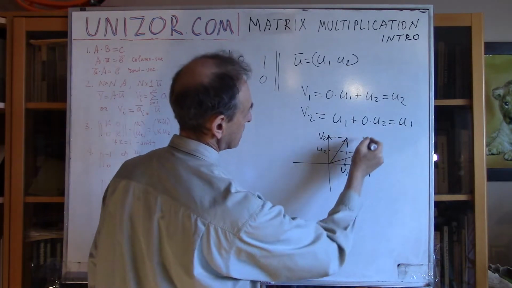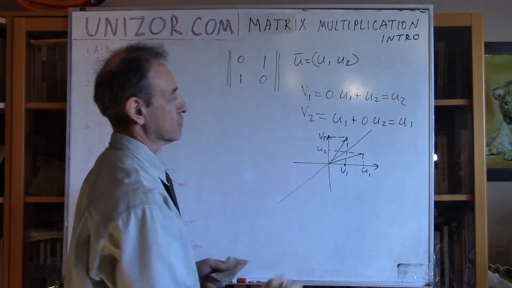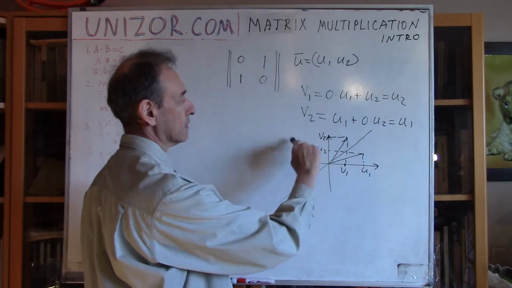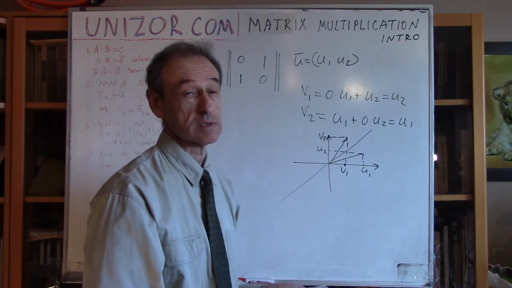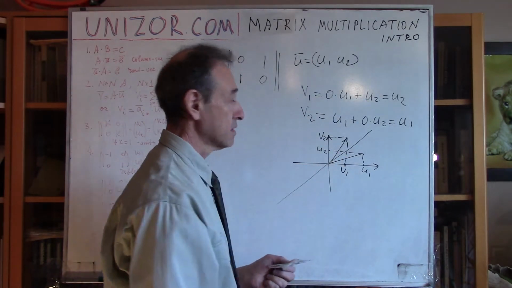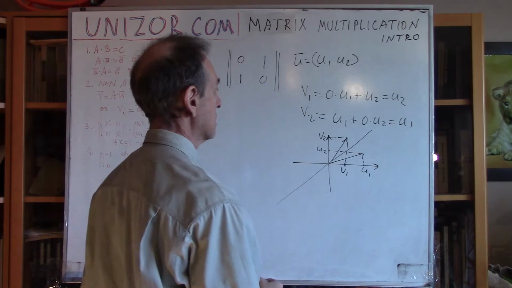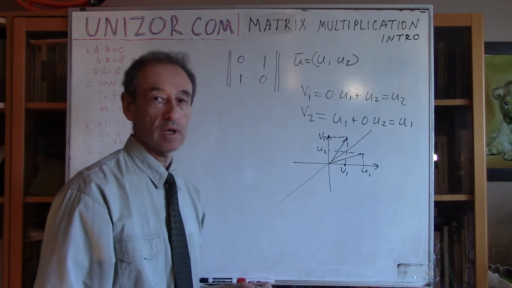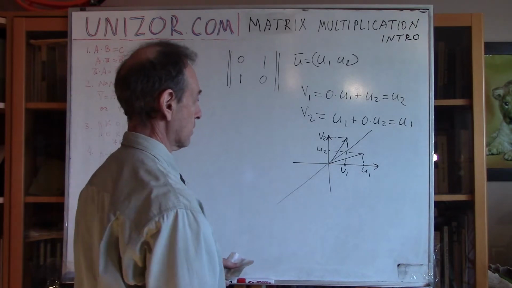Well, obviously these are symmetrical relative to the bisector of the angle. So we are changing x to y and y to x. That's basically what this is. We are exchanging the coordinates. And in the two-dimensional case, this is a symmetry reflection relative to the bisector of the main angle.